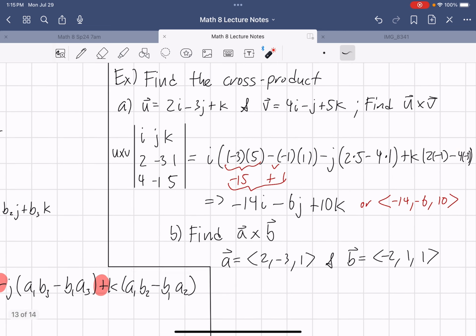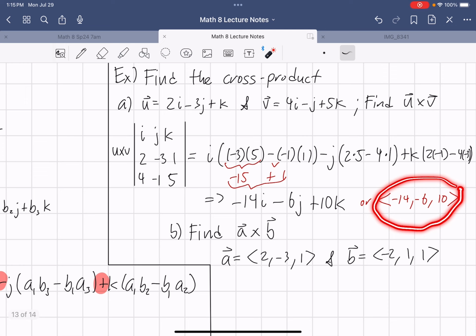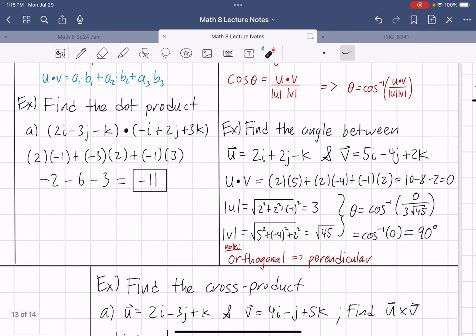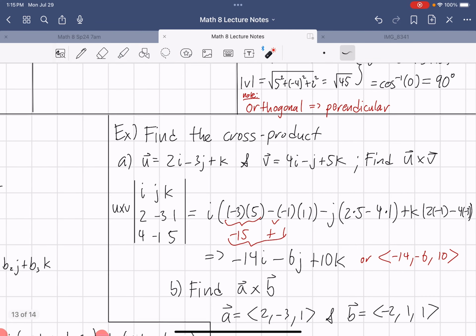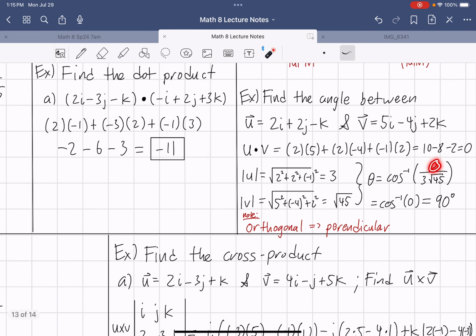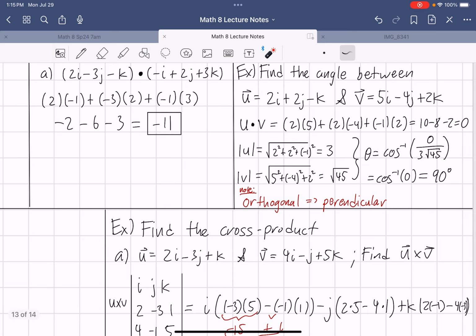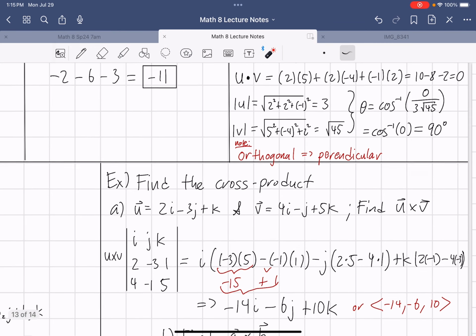Again, this vector is now perpendicular to u and perpendicular to v. And if you wanted to test if they are perpendicular to each other, well, remember what I said, that two vectors are perpendicular to each other if their dot product is equal to 0, because that gives a 0 in the numerator of that dot product, and that's what ends up giving us 90 degrees, which is showing that they're perpendicular.